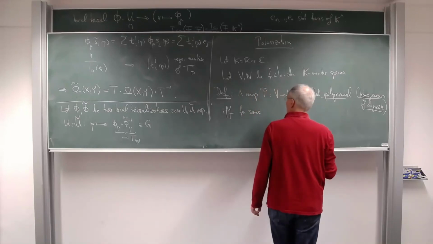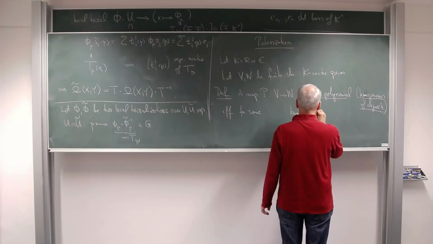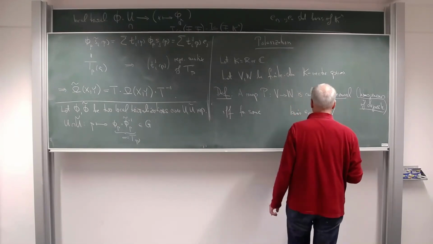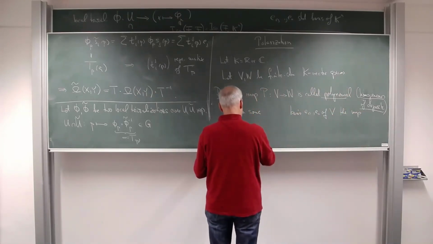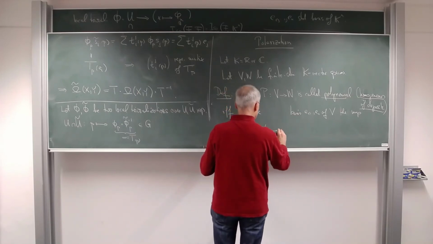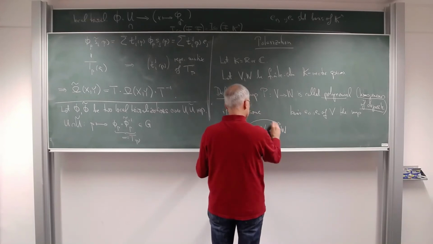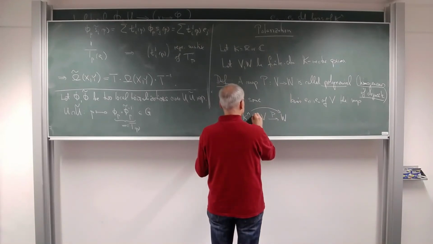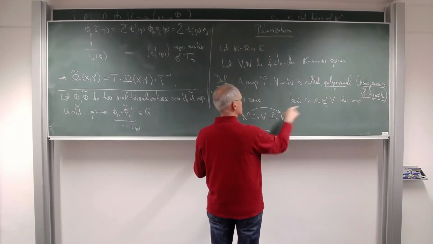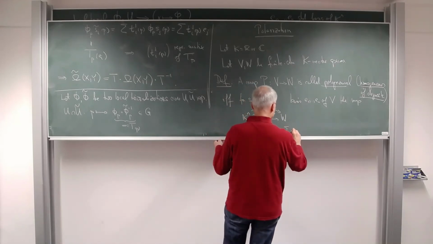So if for some basis e1 up to en of V, the map which goes from K^n first to V and then to W, this composition where this is my P, and that's the isomorphism induced by this basis, meaning the map that maps the vector (v1, ..., vn) to the corresponding linear combination of these basis vectors, the sum of v_i e_i.